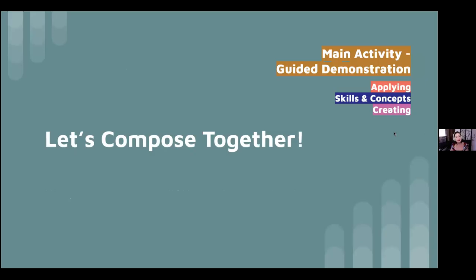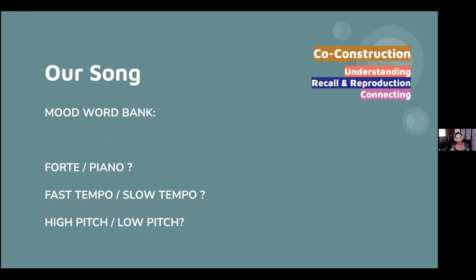At the main activity, first we do a guided demonstration all together. So it's a safe, brave learning environment to try out things and be uncomfortable and make mistakes, all as a group. So this is hitting ideas of applying for the Bloom's taxonomy or skills and concepts for Webb's and creating for the core art standards. We have our mood bank. This is our co-construction part.